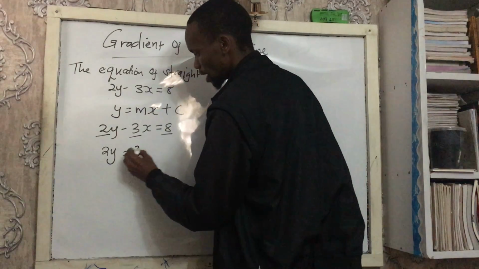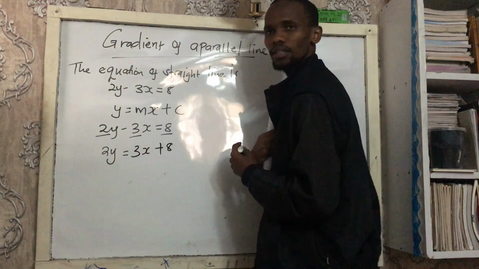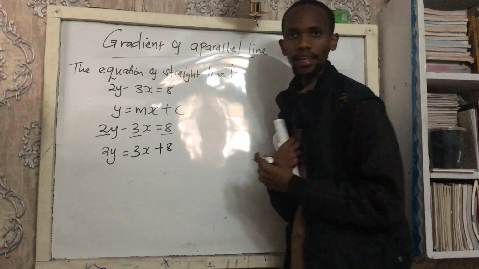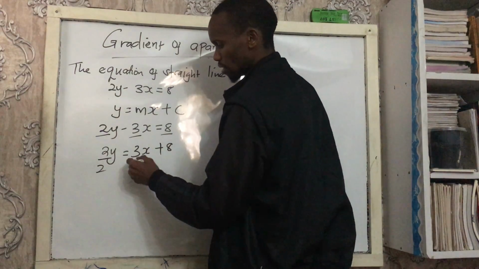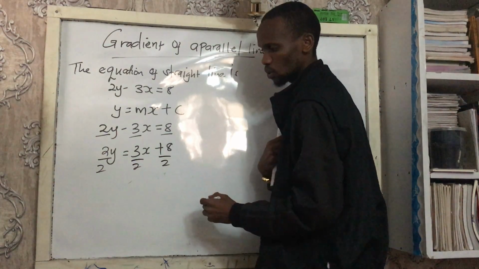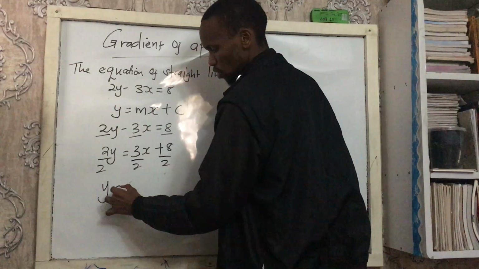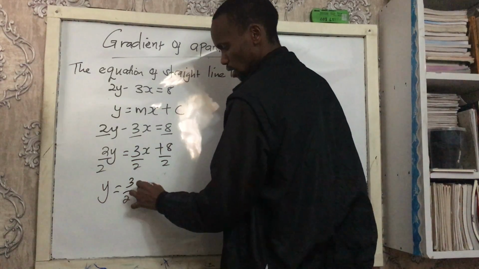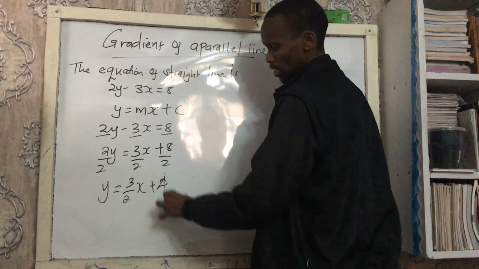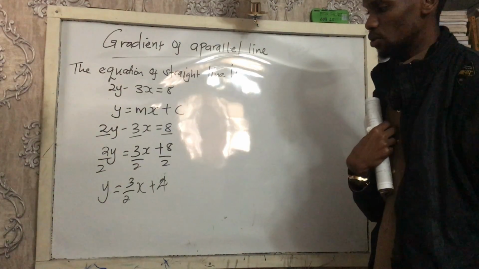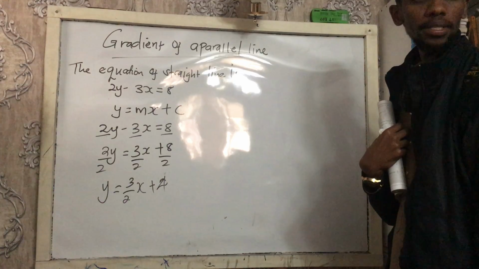So I will have 2y equals 3x plus 8, and then I will divide by 2, so that I can have y equals 3 over 2 x plus 4. That's my equation in the form of y equals mx plus c.